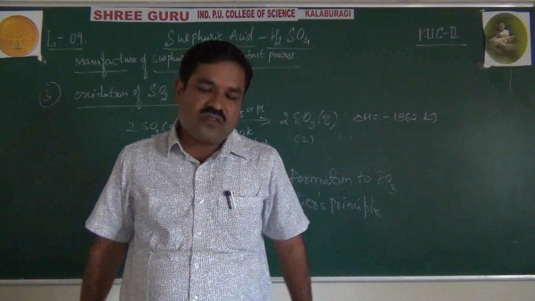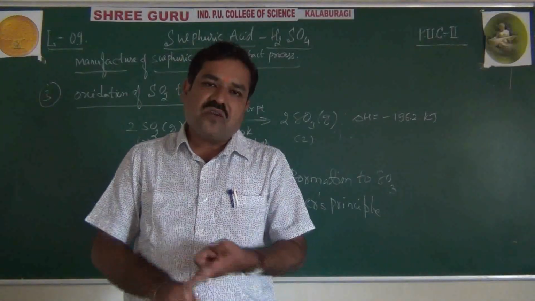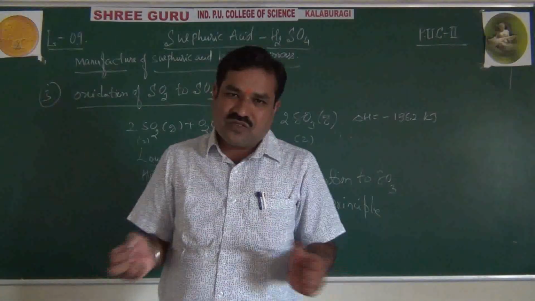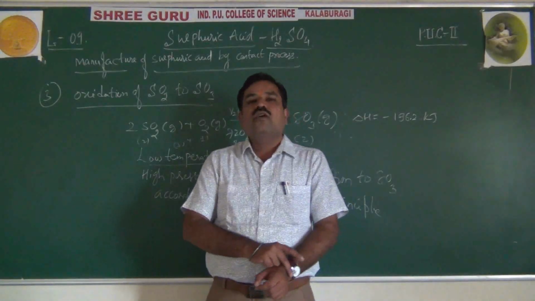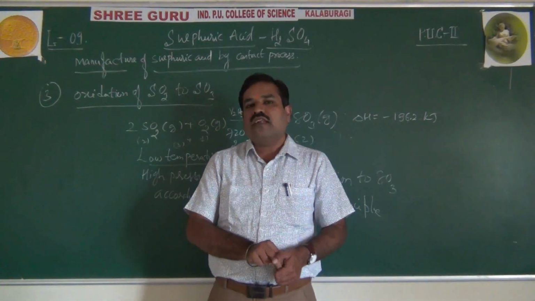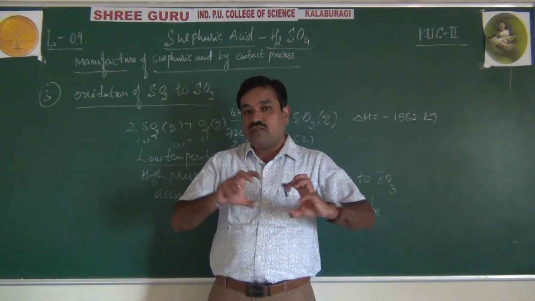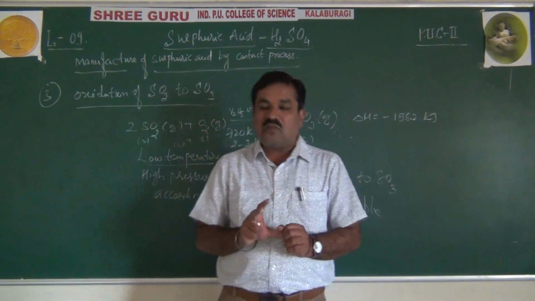But once again, technically, at low temperature here also sometimes the rate of reaction stops. And at high pressure there is a chance of exploding the plant. Since SO3 is also highly acidic, if you dissolve it in water, it will form sulfuric acid directly, no doubt. But it will form a dense acid fog, which is also not good for the workers in the plants.